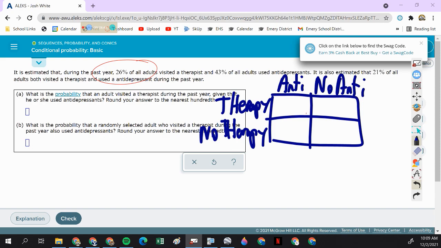Does it go in this box? No. It would be this one, the total. Right?